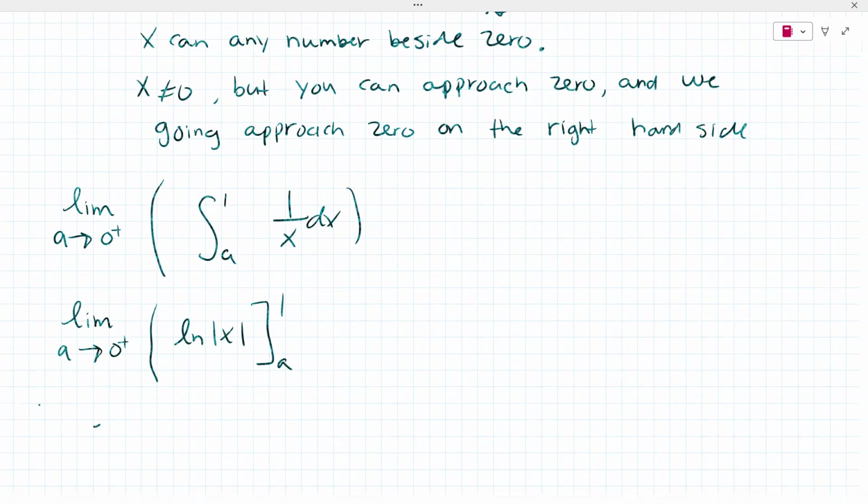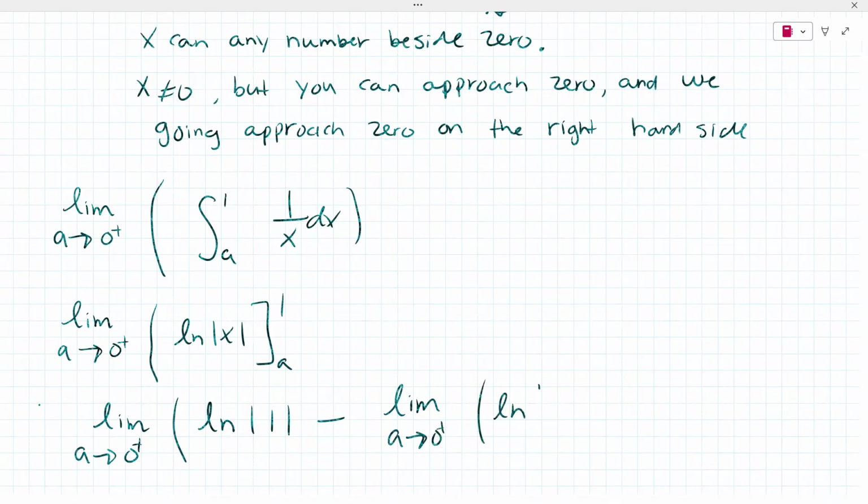So that can be written as the limit as a approaches 0 to the right of ln of absolute value 1, minus the limit as a approaches 0 to the right of ln of absolute value of a.